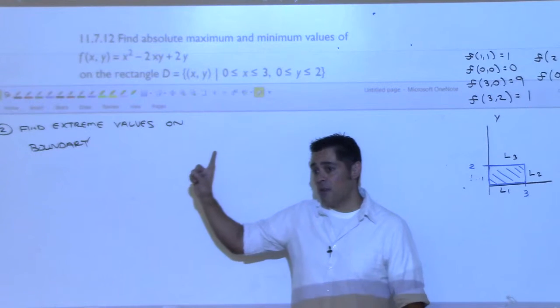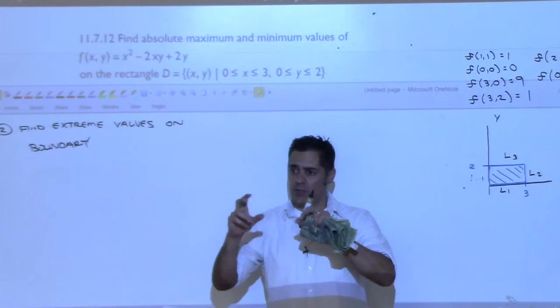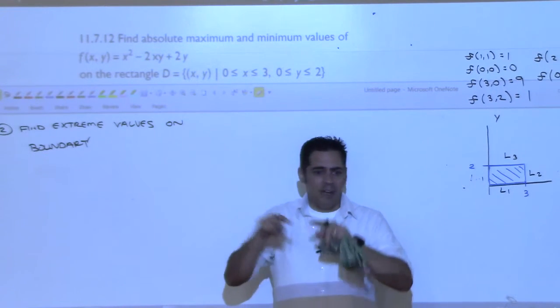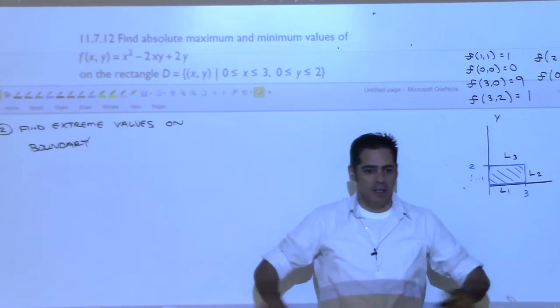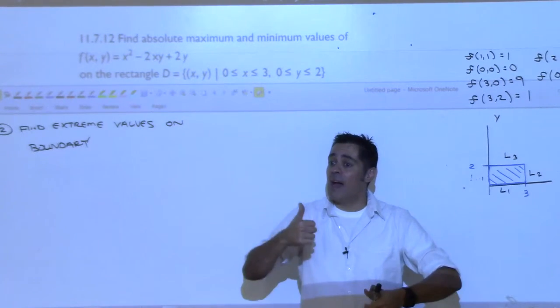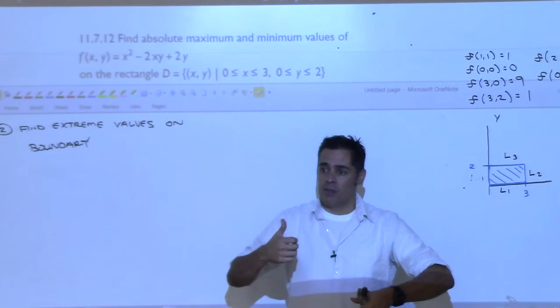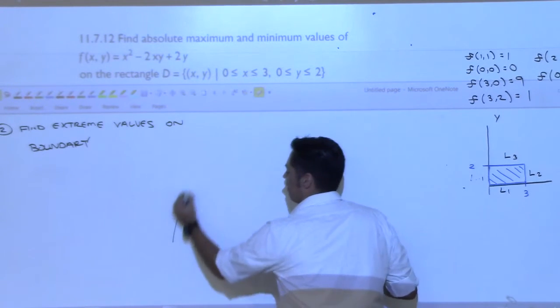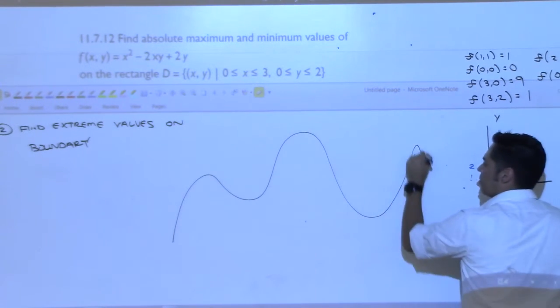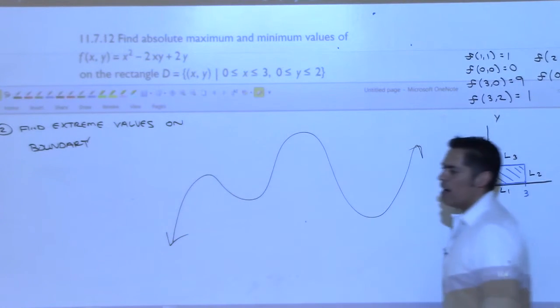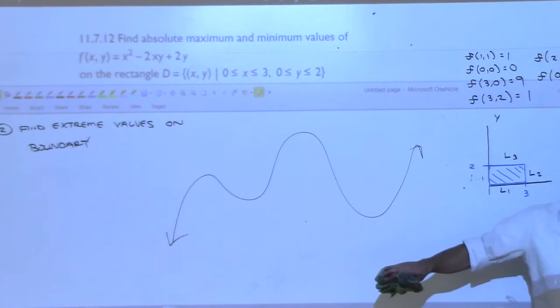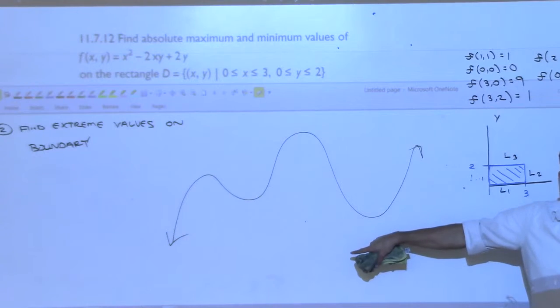Our first step when we are finding where the partials are equal to 0 is identifying every point on the entire domain where we might have maxes and mins. So you got to look at it this way. Let's say you have a function that does something like this, right? In Cal 1, if we don't restrict the domain, we take the derivative, set it equal to 0, don't we?